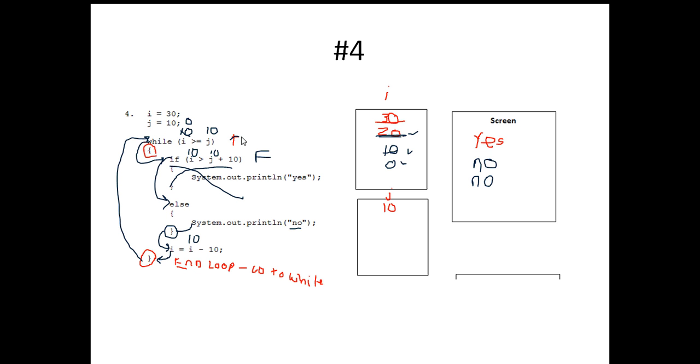Which is no, it's false. So now this is false. So this is a while loop that we're talking about. And so we are going to kick out of the while loop. Well, the while loop ends right here. Remember that? And so we're going to kick out of that loop, go past it, and there just happens to be nothing there. So the program is done.